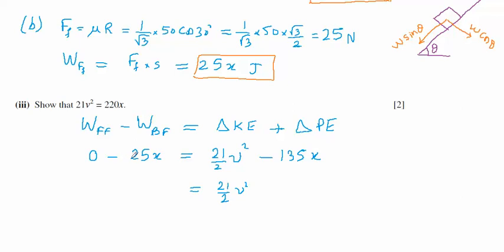So 135 minus 25 is 110x, and now taking this 2 to this side, it will become 220x is equal to 21 v square. See that this is a 2 marks part, so therefore it is proved that 21 v square is equal to 220x.